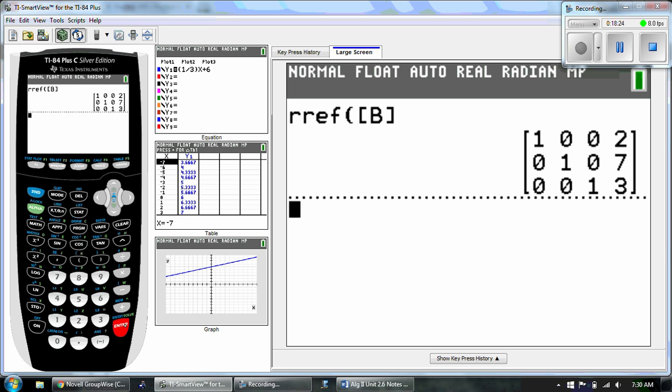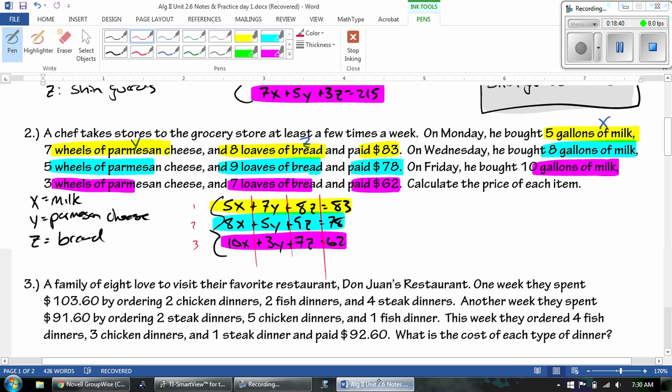And then once you see, we get that, it tells us all of our answers: our first column, X, equals 2. Our second column, Y, equals 7. And our third column, Z, equals 3. So when I come back over here, I can start writing all this down: the price of the milk was $2.